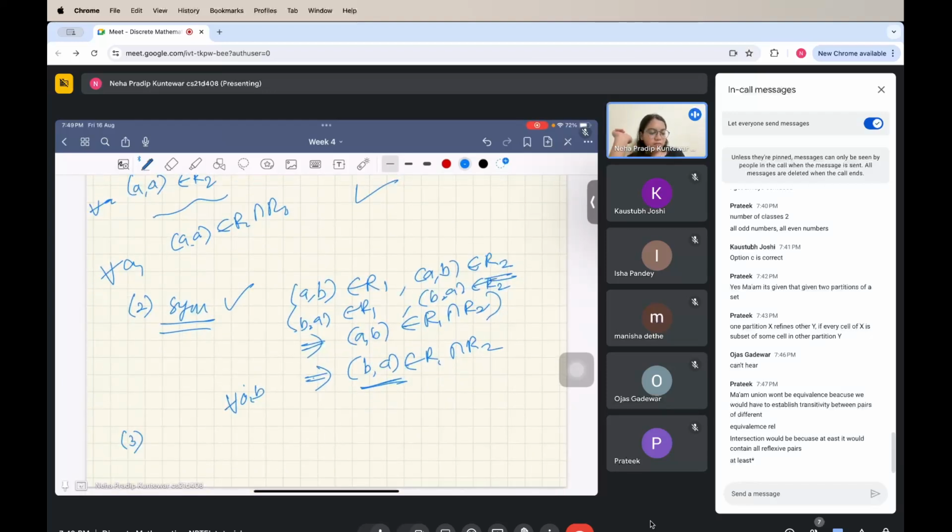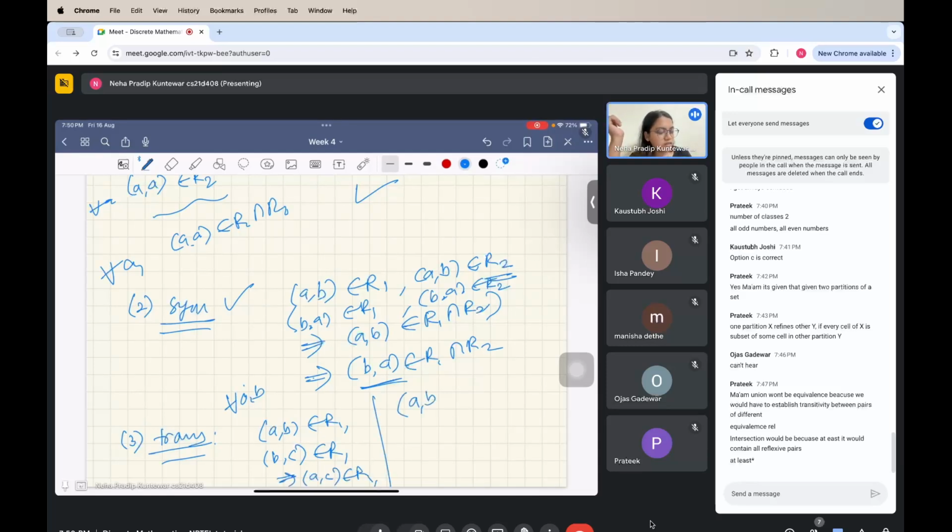Now the question is about transitivity, and the same logic applies essentially. So AB is in R1, BC is in R1, and that would imply that AC is in R1.